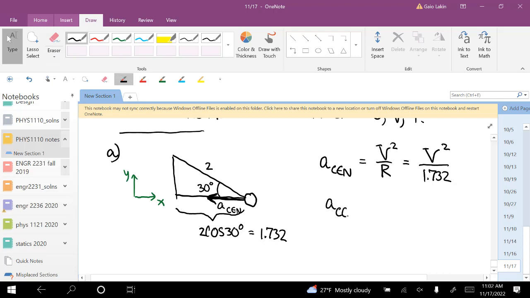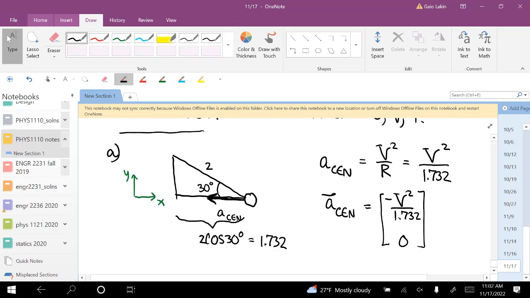So the centripetal acceleration vector is, notice that that's in the negative x direction. So we have negative v squared over 1.732 for x and 0 for y. Is there tangential acceleration? No, because it's uniform.